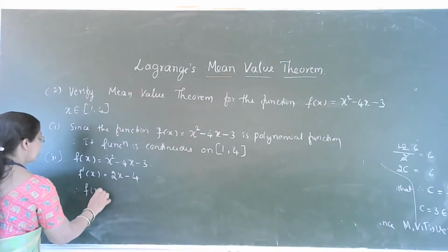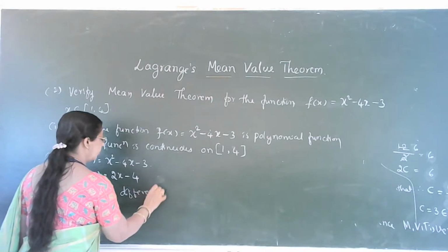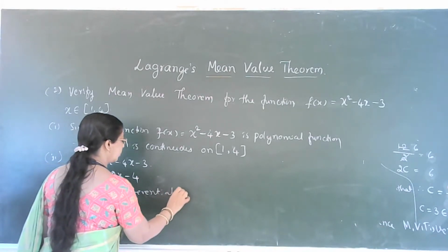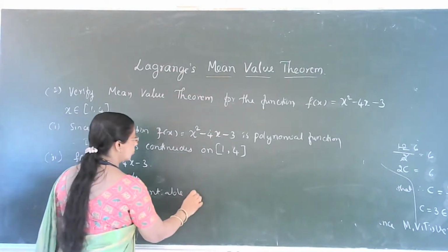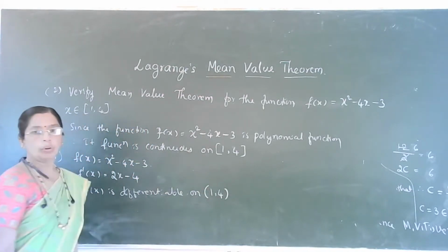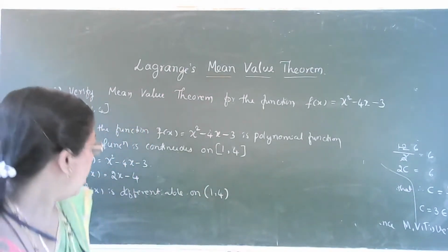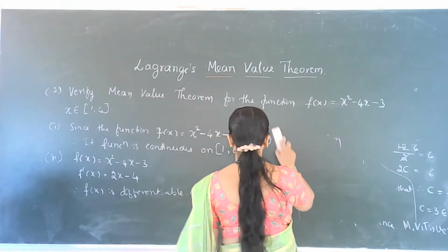Therefore, the function is differentiable on (1, 4). Then we find f of a and f of b.